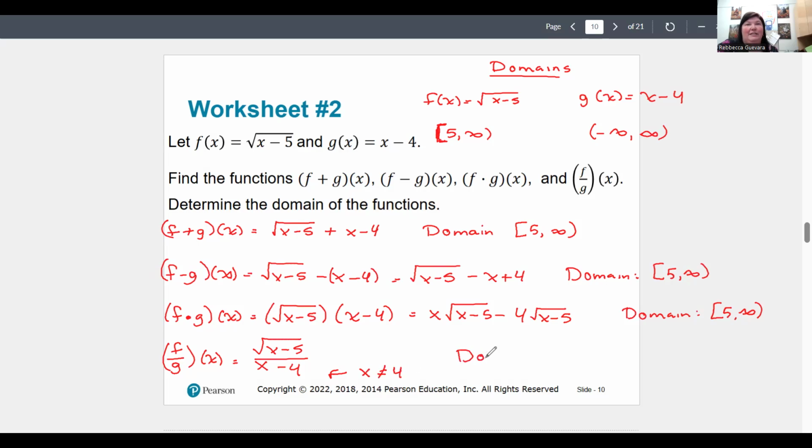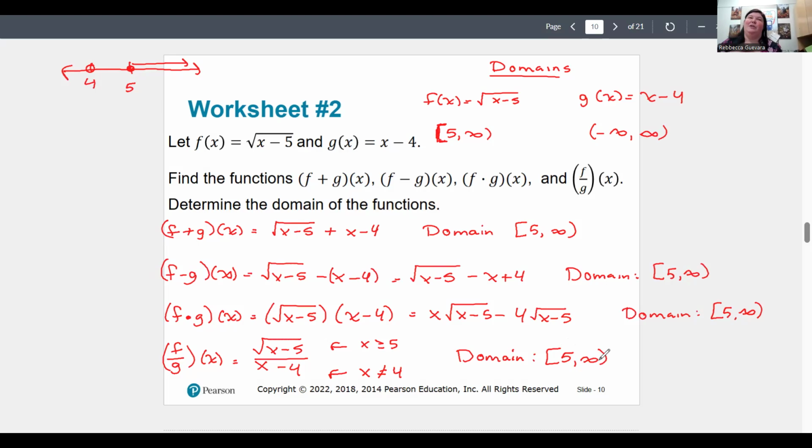So my domain in this case, remember, we're looking at the top part here saying that x has to be greater than or equal to 5. So we're looking at this, and then we're saying, but x cannot be 4. The thing is that x being equal to 4 is not even in the domain of x greater than or equal to 5. So my domain in this case actually stays x from 5 to infinity.